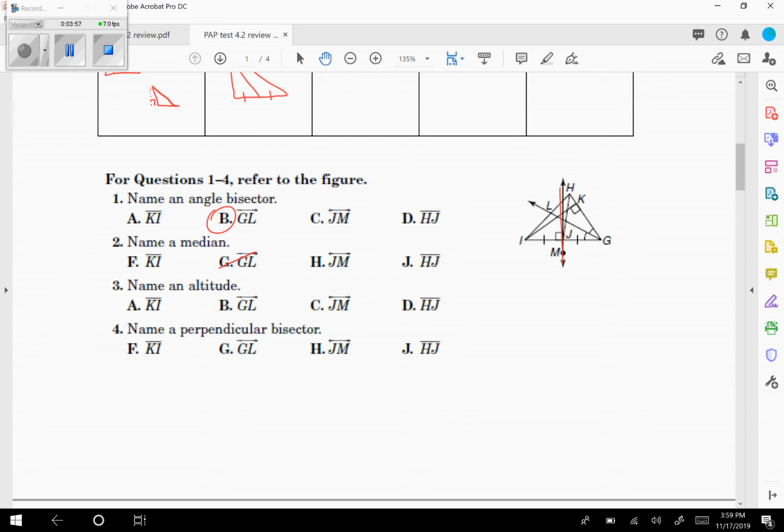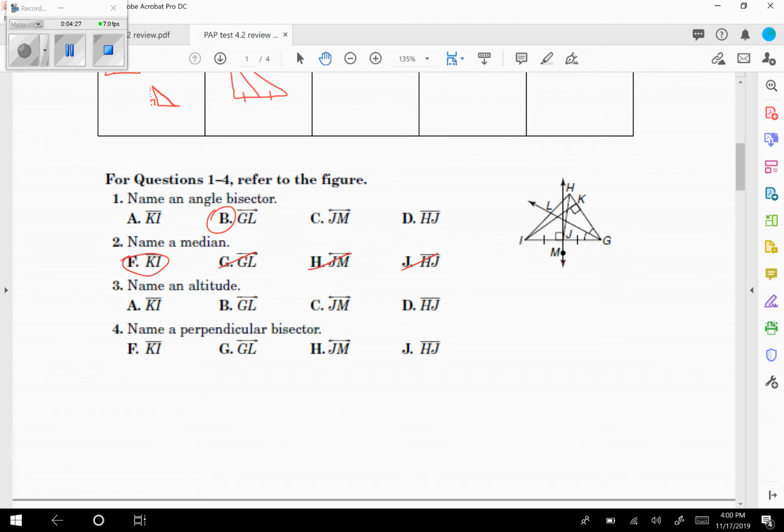No, it's not going from a vertex. And then how about HJ? Could HJ, could that be an altitude? No. So the only one that's an altitude is KI, and again, it's because it's going from a vertex and it's making a right angle with the side here. So that's why it's an altitude.